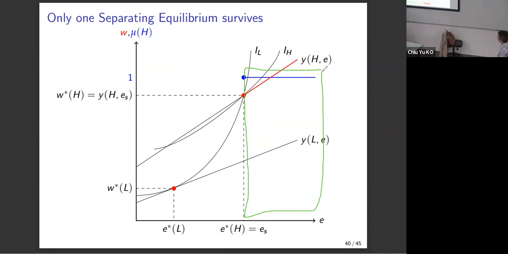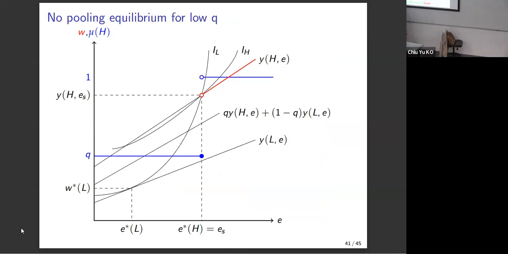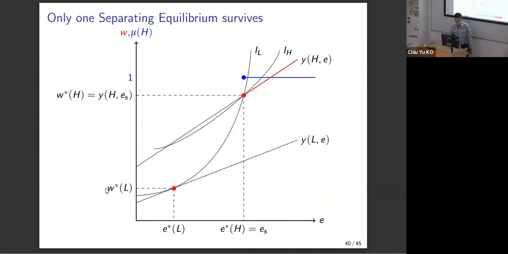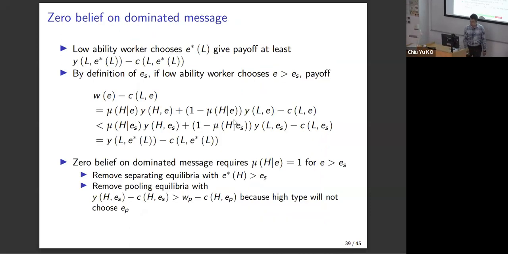That means it would kill some equilibria already. So let's see which equilibria they kill. You would only be left with an equilibrium like this.